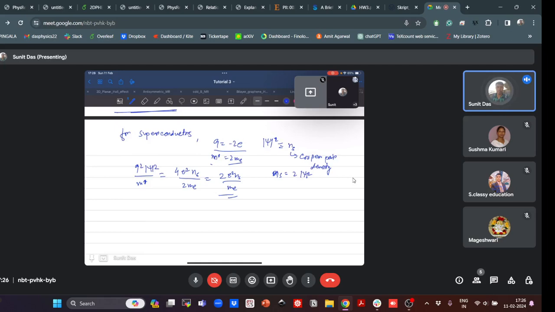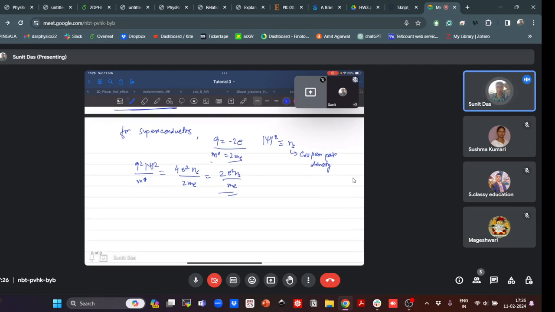Okay, we can actually keep it like that, as long as we're not confusing it. Basically ns is the mod psi square. That's perfectly fine.